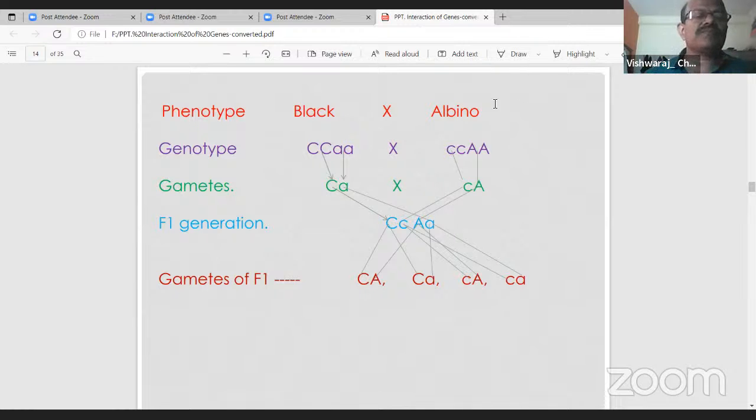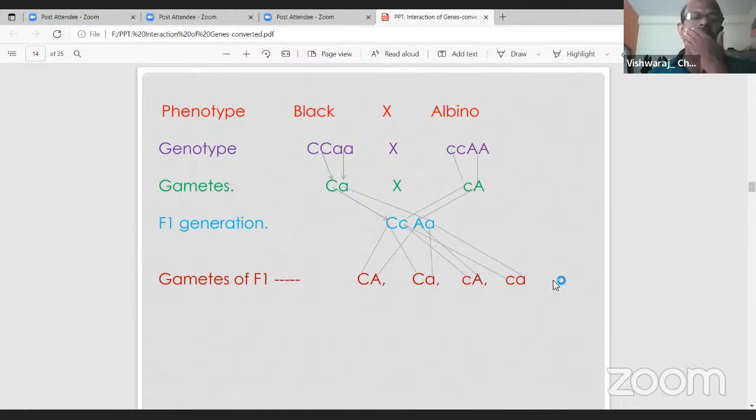The gametes of F1 are capital C capital A, capital C small a, small c capital A, and small c small a.